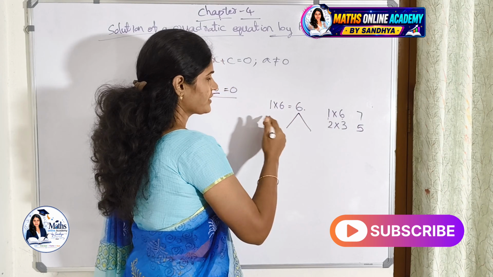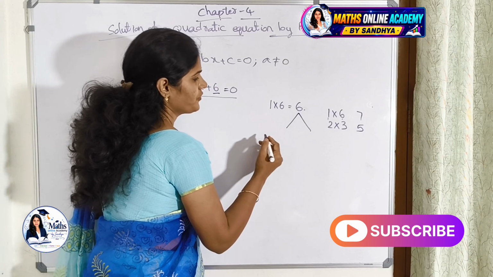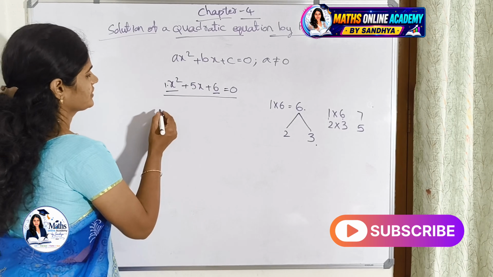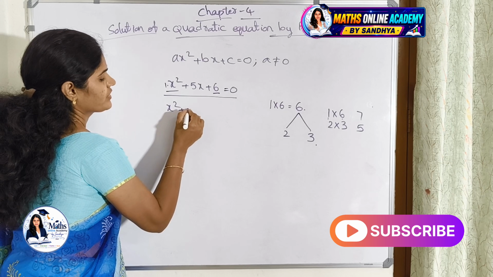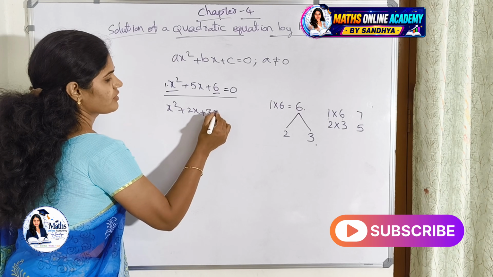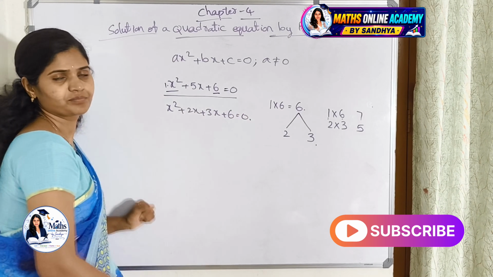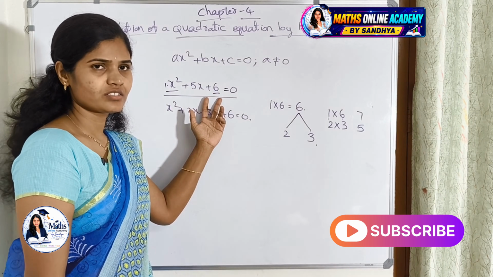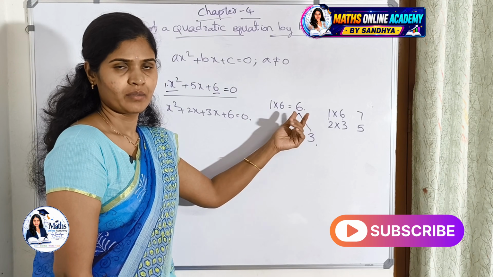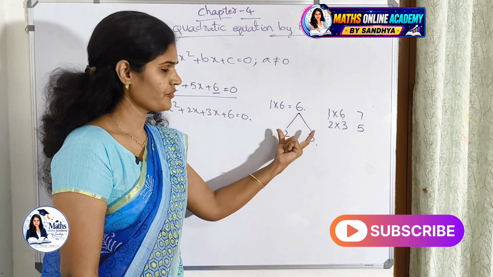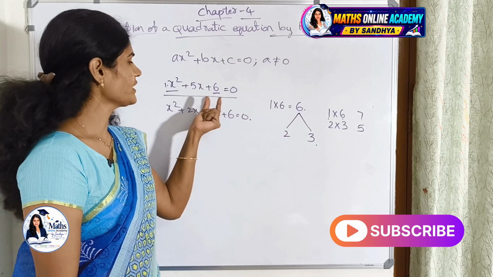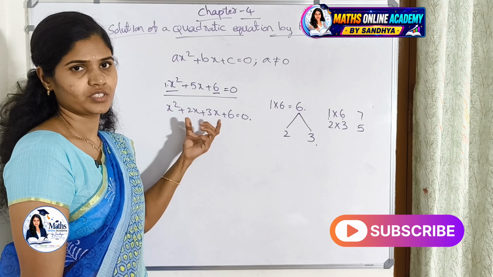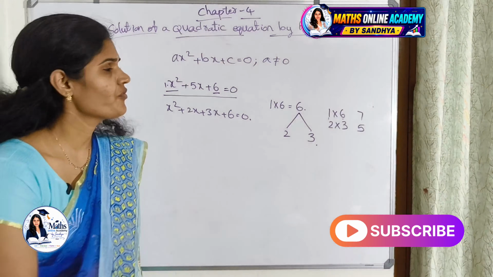So for factorization of this equation, if you take the factors 2 and 3, you get the correct answer: x square plus 2x plus 3x plus 6 equal to 0. By using the coefficient of x square and the constant, you get one value; after factoring, you have to get the middle coefficient of x. This is the factorization method.